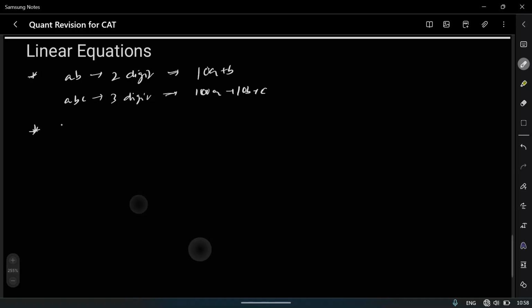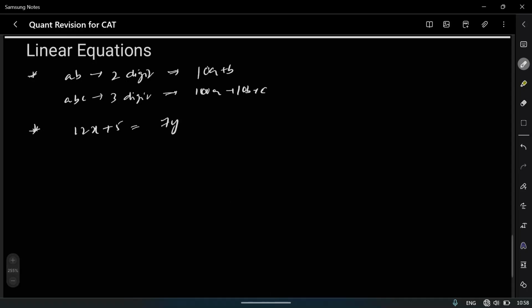Normally we come across these kinds of equations, like 12x plus 5 equals 7y plus 2. So how to solve these kinds of equations? First, from this equation, 7y equals 12x plus 3.